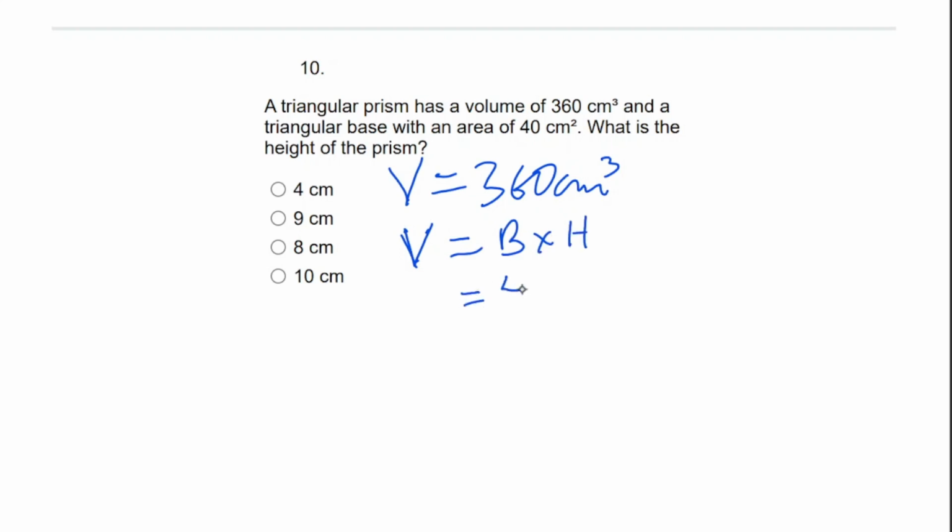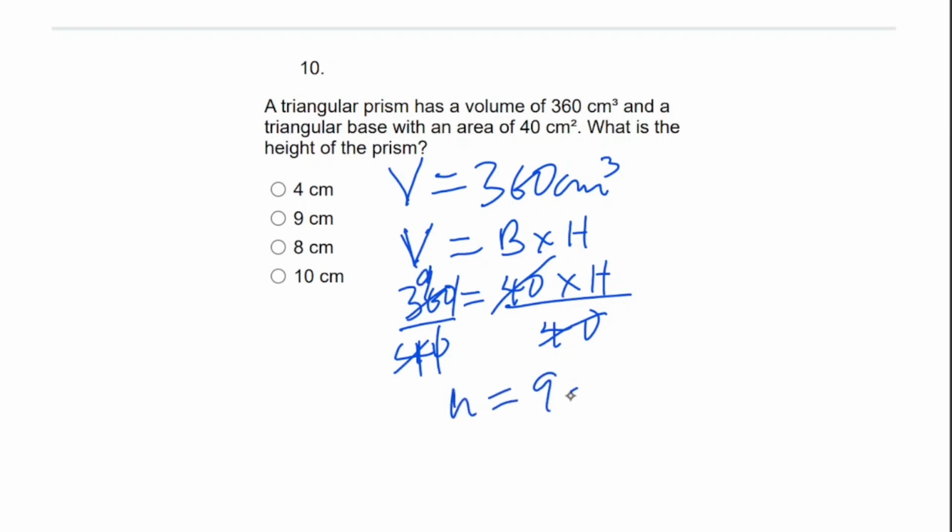We are given the base area to be 40, times the height, equals 360. So what is the height? Divide both sides by 40. I hope I'm making sense. So 40 cancels 40, 0 cancels 0, 4 here, 1, 4 here, 9. So therefore the height is equal to 9 centimeters. That's option B. I hope this is very clear.